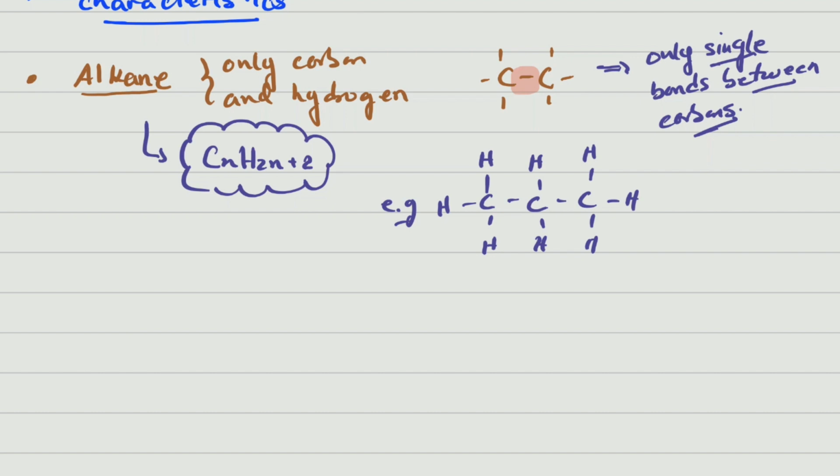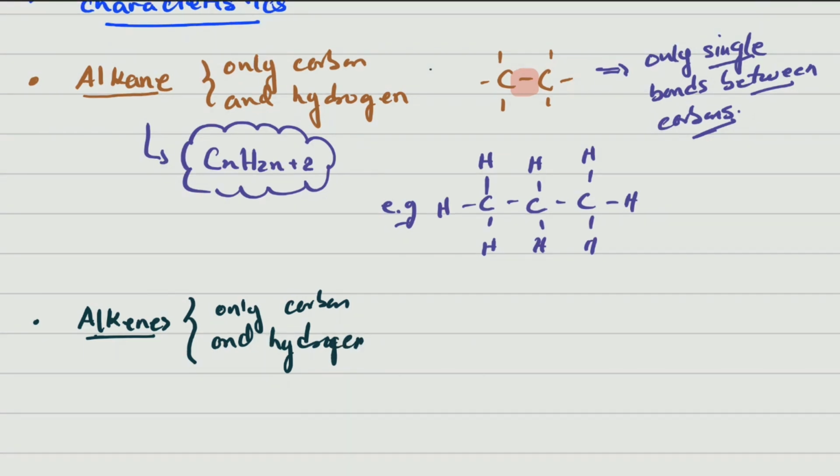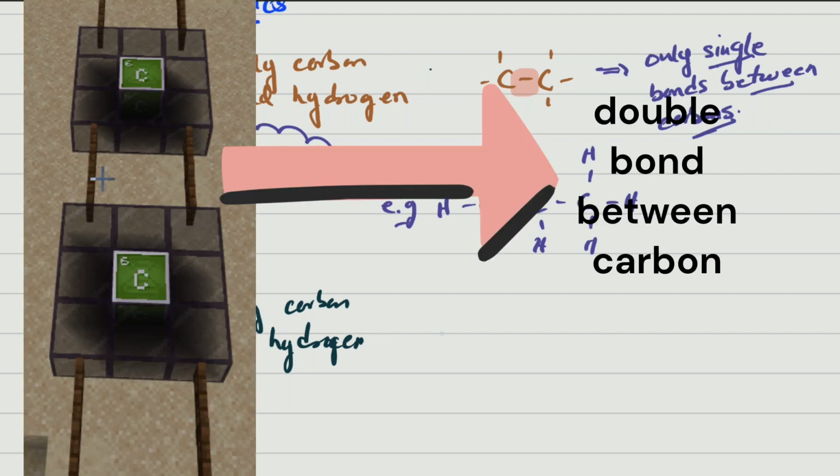The second homologous series is the alkenes. What is the characteristic of alkenes? Only carbon and hydrogen. So how do we identify the alkenes? Remember, the alkenes have only carbon and hydrogen, but you will see a double bond between carbons, at least one double bond.